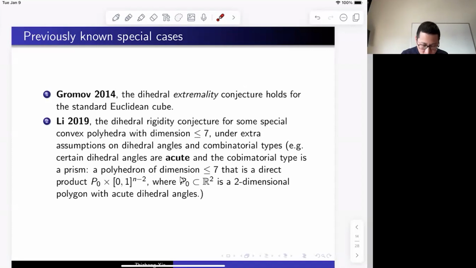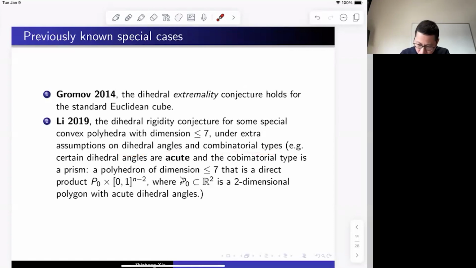Later on, Chao Li showed the dihedral rigidity conjecture for some special convex polyhedra in dimension less than or equal to 7. The dimension restriction is because he used the minimal surface method, and he also used some extra assumptions on the dihedral angles and the combinatorial types of the convex polyhedra.